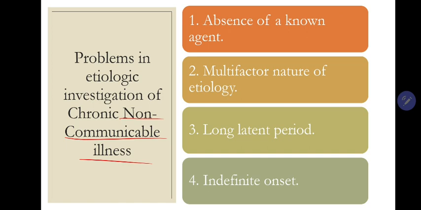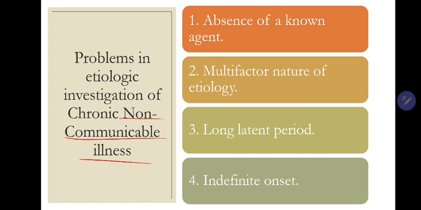Indefinite onset, يعني there is no definite time for the onset of the illness. A long latent period, the patient, for example, may have hypertension for a long time before the discovery of the disease.